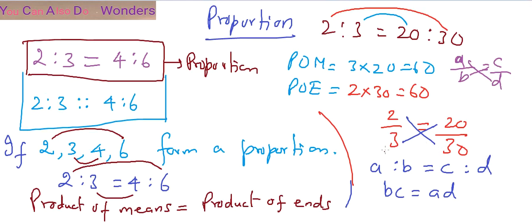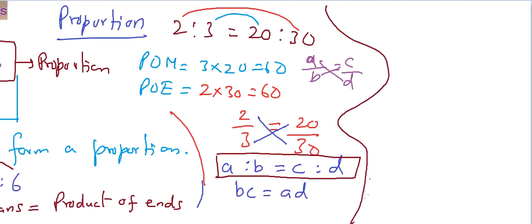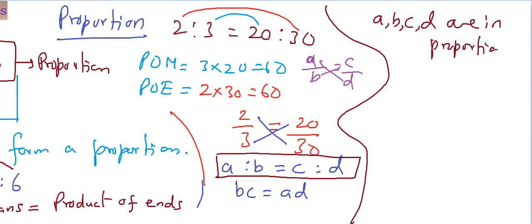So again, what's the meaning of this? A is to B equal to C is to D. Or what's the other way by which you can express? So we can say A, B, C, D are in proportion. Here the last term D is called fourth proportional.